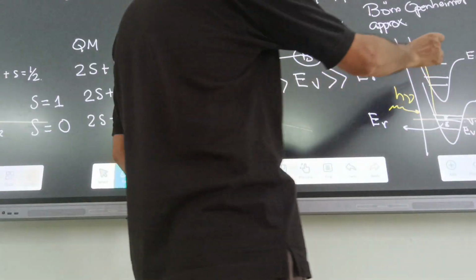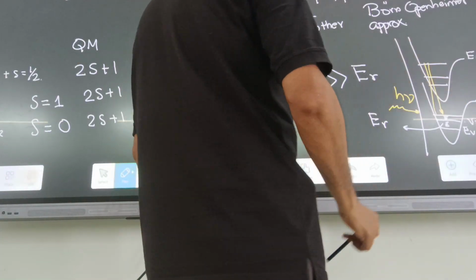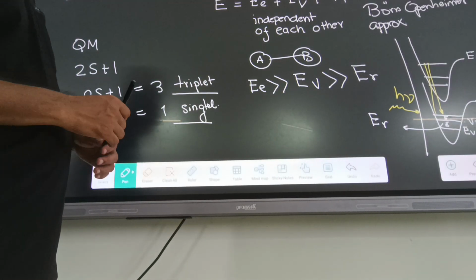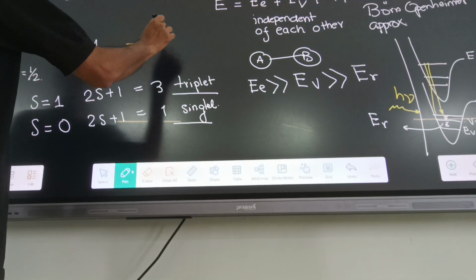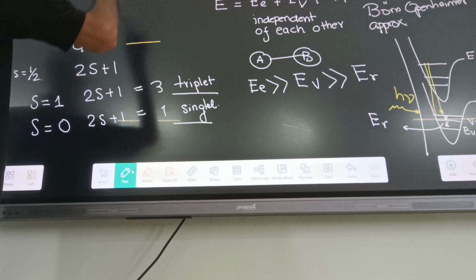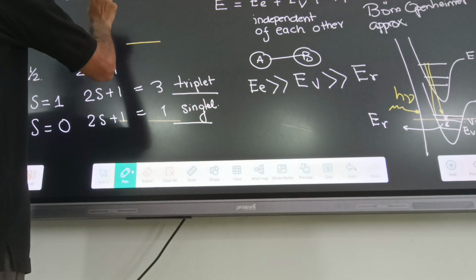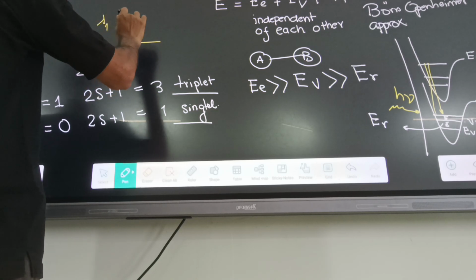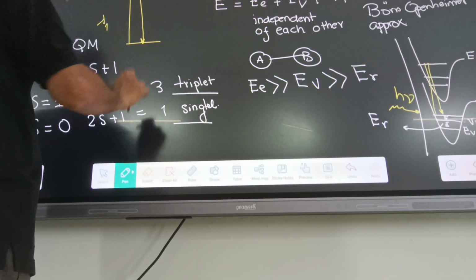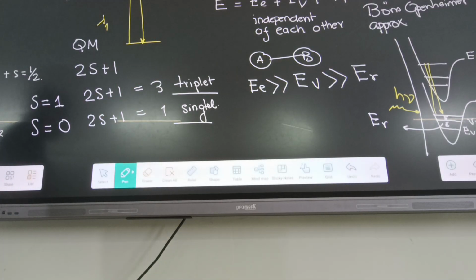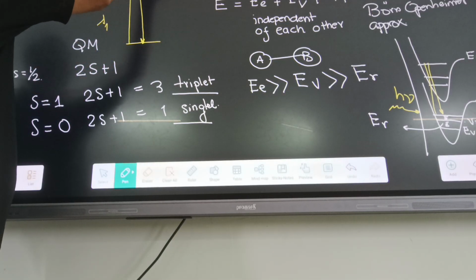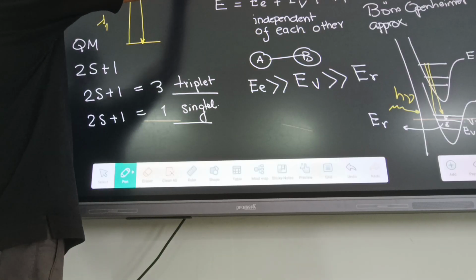Now, if it comes back to the ground state without any vibrational change, we will call it fluorescence. The ground state, excited state, lambda absorbed, और नीचे के लिए fluorescence 10 to the power minus 8 seconds may just come down. So this corresponds to fluorescence.